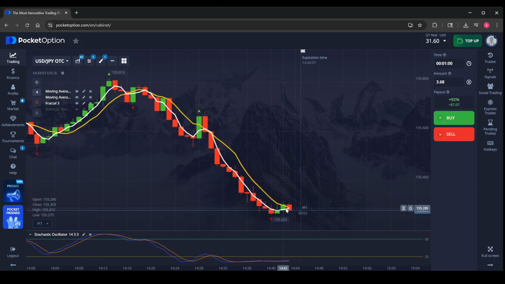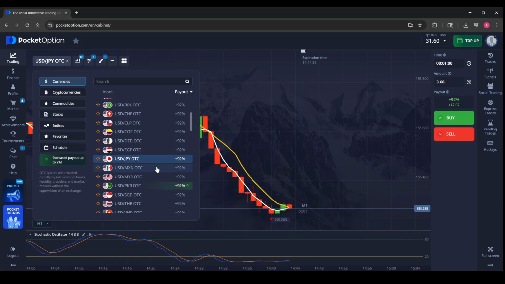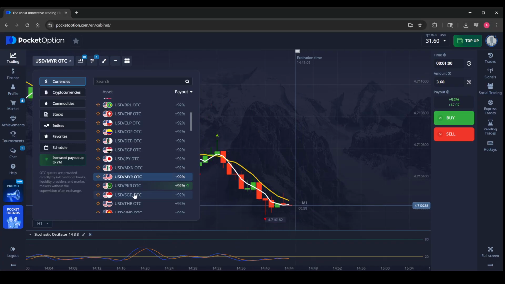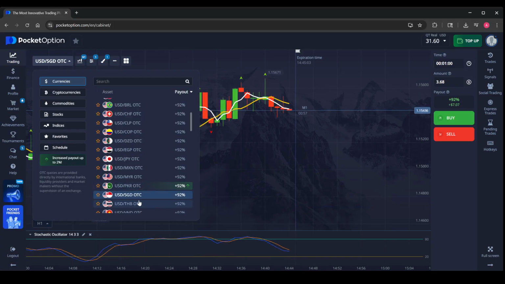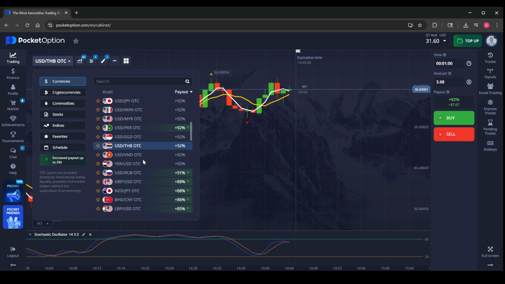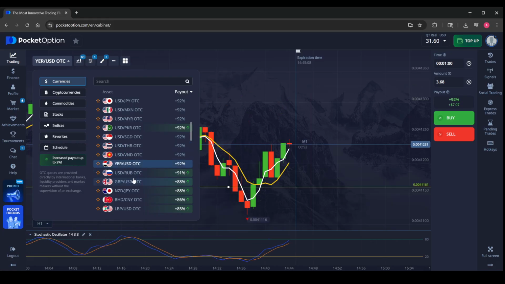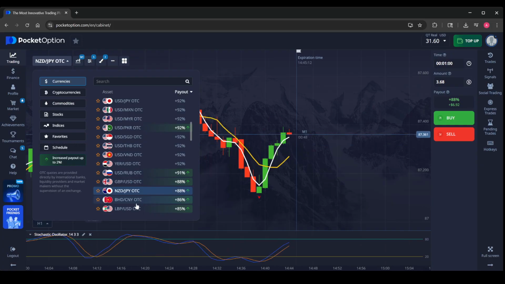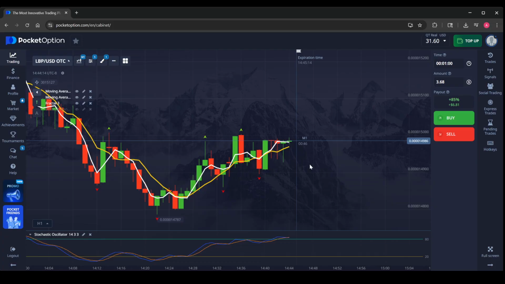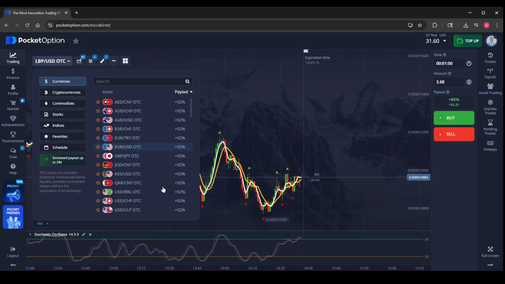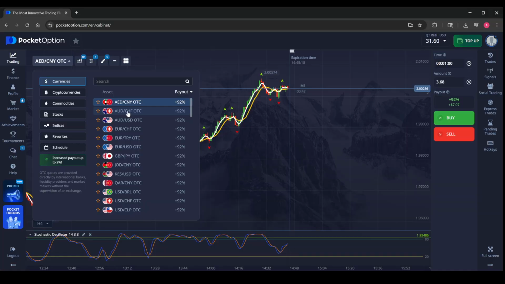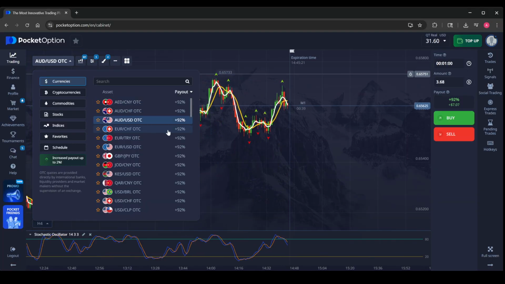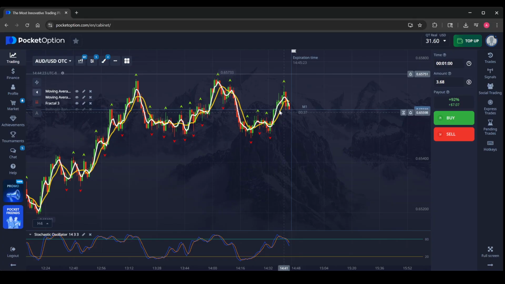See here as well, it almost crossed over, but it did not. And yet sometimes it'll take time to find the trade. You kind of have to keep scrolling through them until you find a good opportunity.